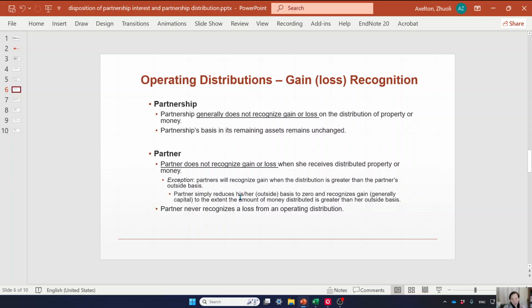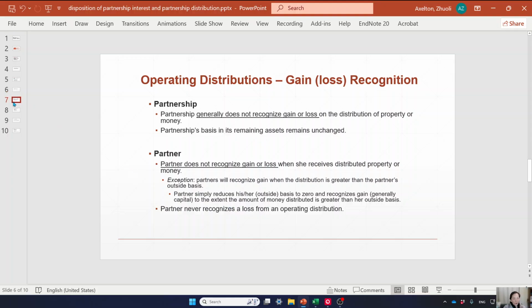And if the money distributed is less than the outside basis, obviously the partner will deal with a return of capital, so all the distribution will be tax-free, and in that case, they will never get to a loss recognition situation.